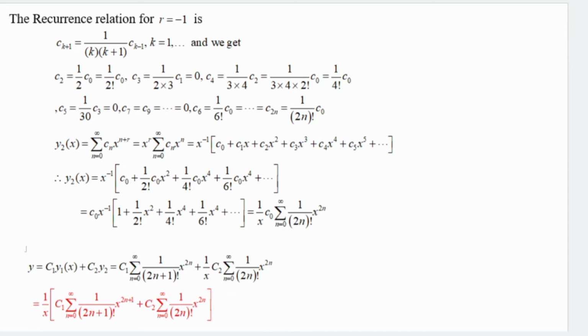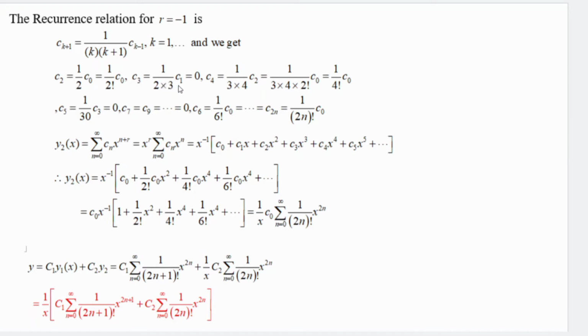So when we put r equal to minus 1 in our general recurrence relation, we get the new recurrence relation for r equal to minus 1, that is 1 by k plus 1. When we put k equal to 1, we get c2 equal to half c naught, that means we can write 1 by factorial 2.